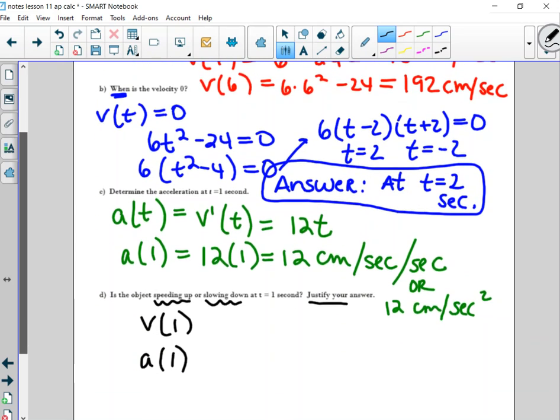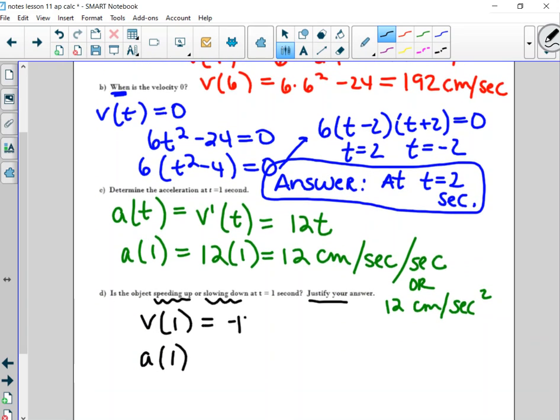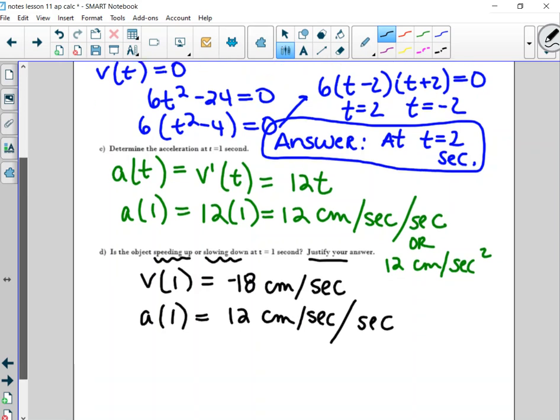Right, so my velocity at time 1 was negative 18 centimeters per second. And my acceleration at time 1 was 12 centimeters per second per second. This then means that my particle is slowing down.